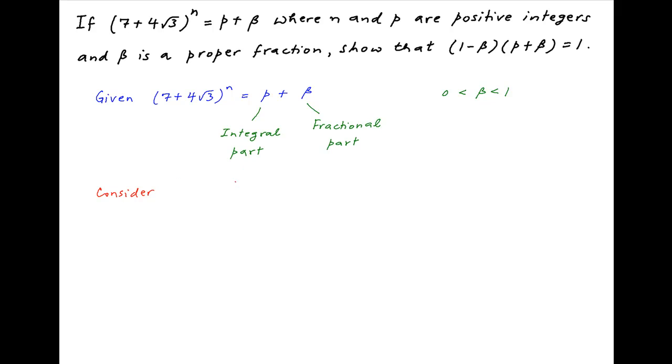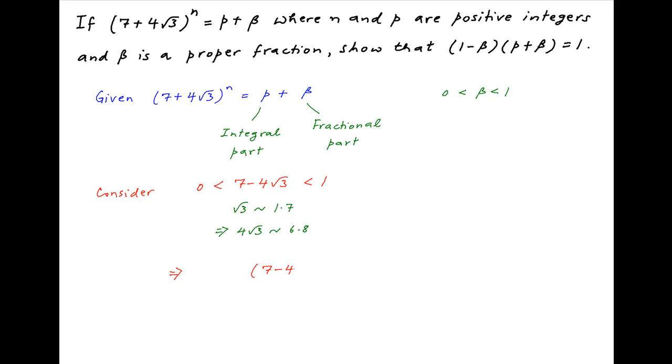Now consider the number 7 − 4√3. √3 is approximately equal to 1.7, therefore 4√3 is approximately equal to 6.8, and therefore 7 − 4√3 is greater than 0 and strictly less than 1.